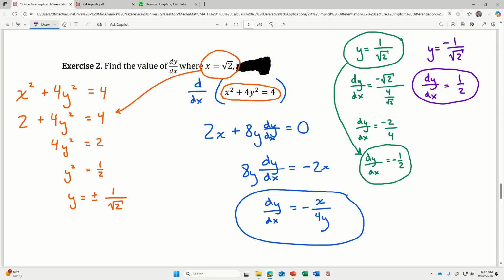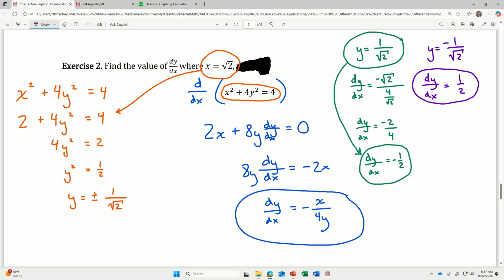Just now I flipped the positive or negative sign. So I got a different slope depending on where I am on the curve.